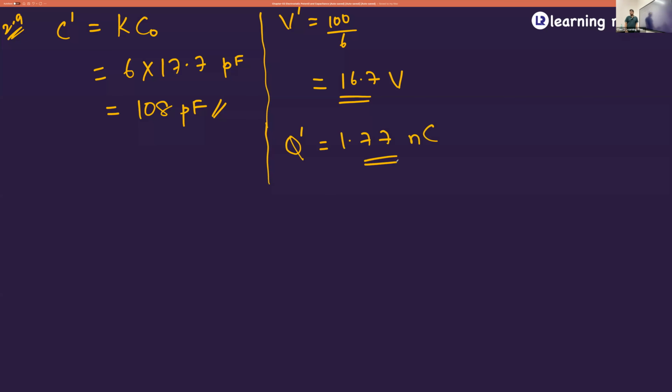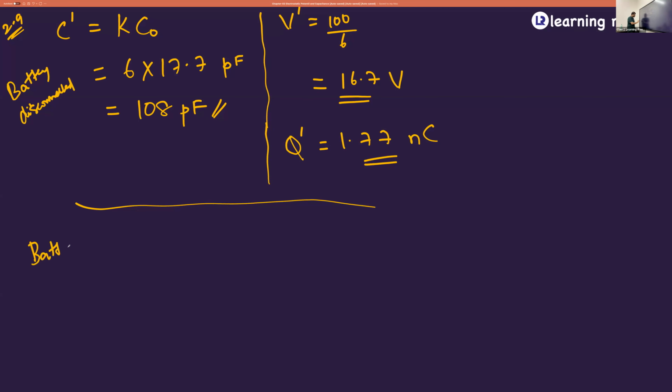Suppose they had given the reverse, battery is connected, then what would have happened? So I'll solve that part also. This was when the battery is disconnected. If suppose they say in the same problem, battery is connected, then what will happen to C dash? It is still 108. Am I right? What will happen to V dash?